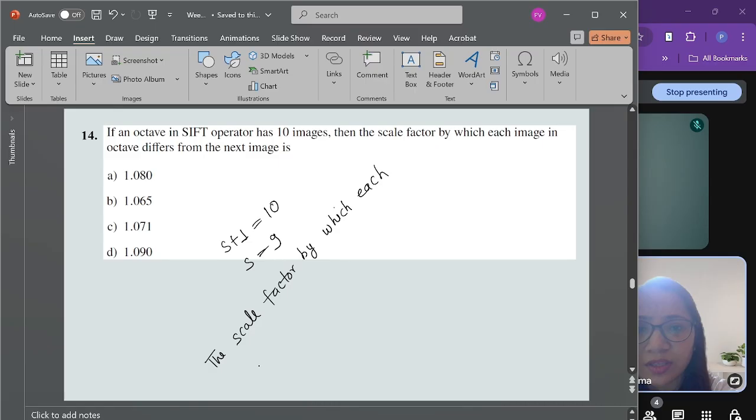So can you calculate and let me know what will be the value? 2 to the power 1 by 9. So you will get 1.080 if you calculate it.